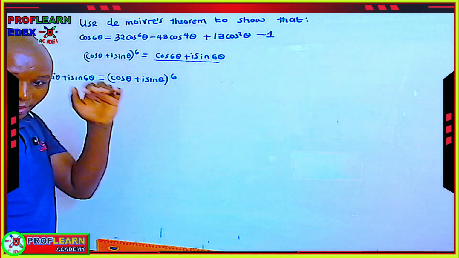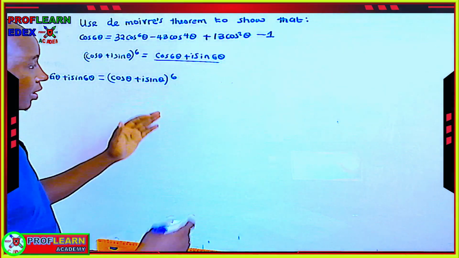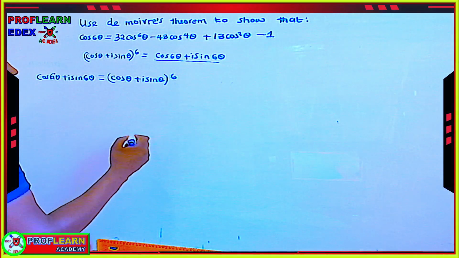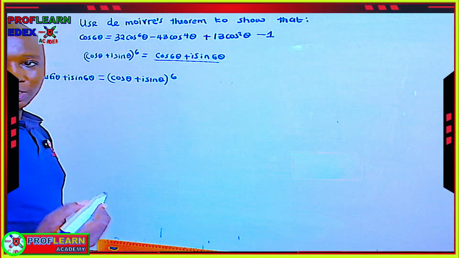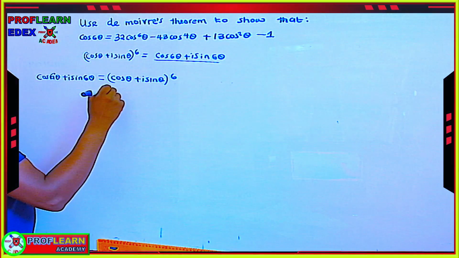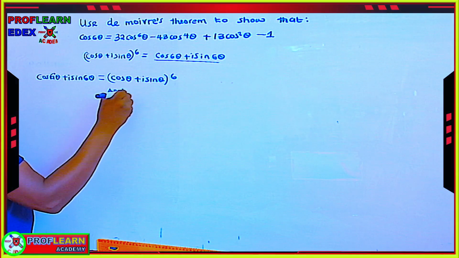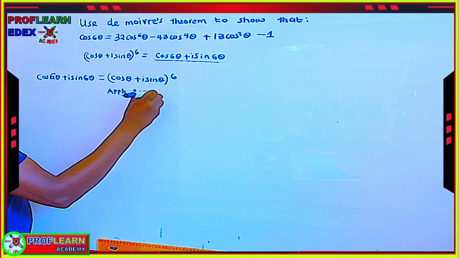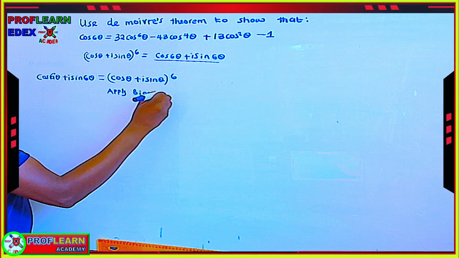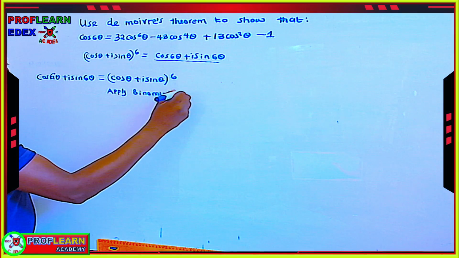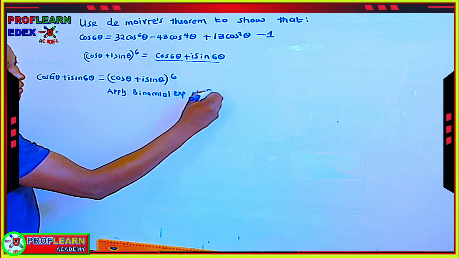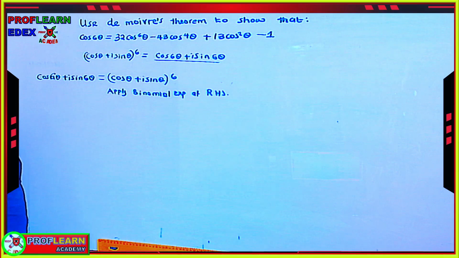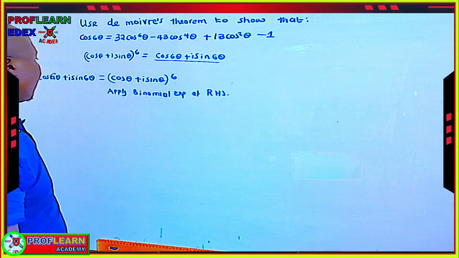So this expression that I'm having here on the right hand side, I can apply binomial expansion on it. That is exactly what we are going to do in this case.